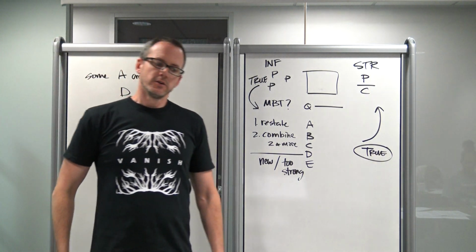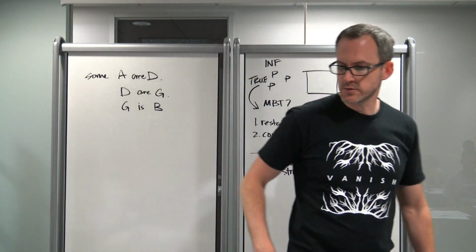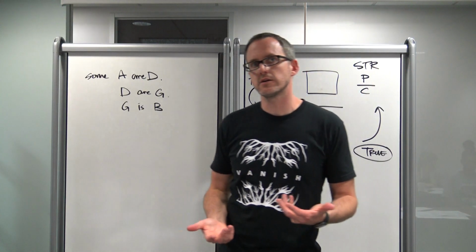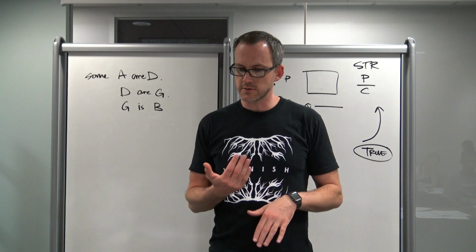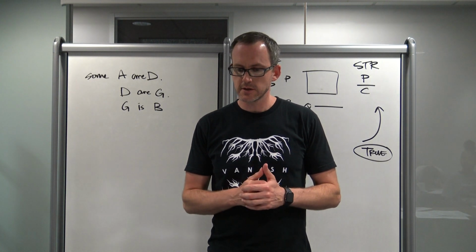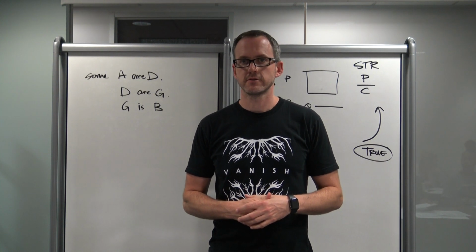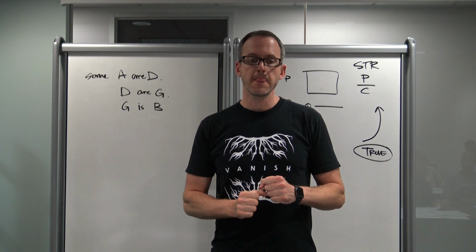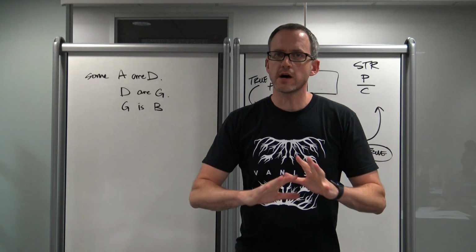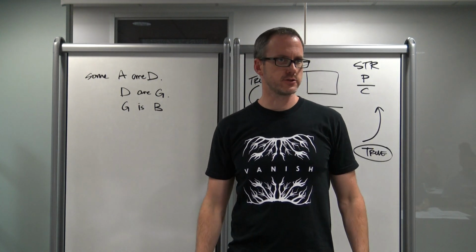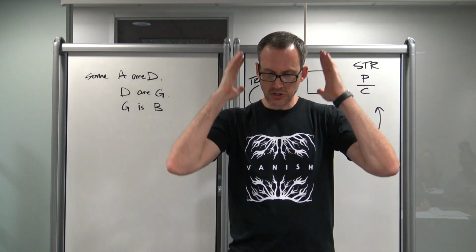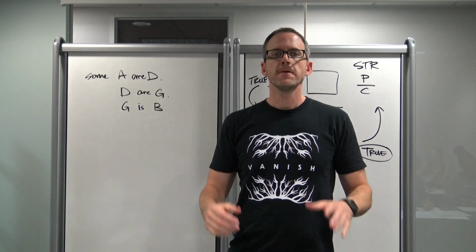Okay, so what we're going to do is we're going to do a few questions together. It'll be a mix of strengthen and inference, and then we'll just go ahead and start talking about them, and we can go from there. Sound good? So as you're doing them, your number one goal is always to understand the passage. Don't worry about the question type, just do I understand the passage?